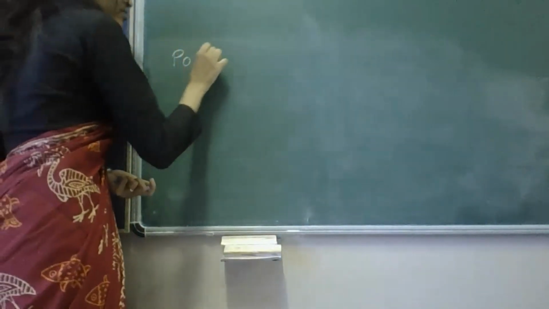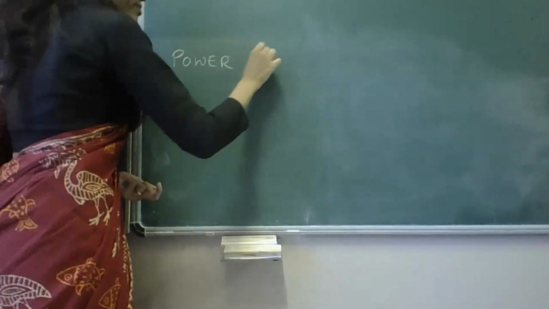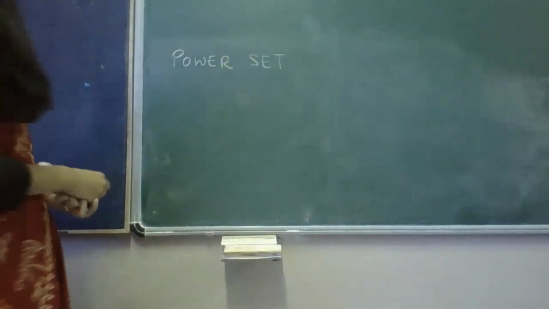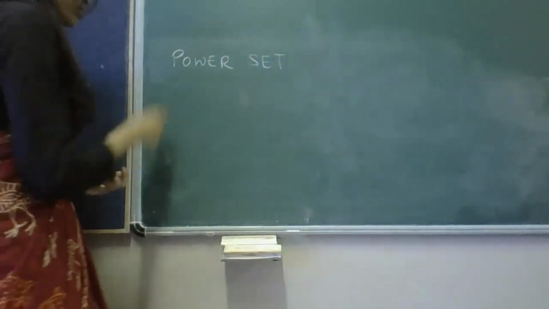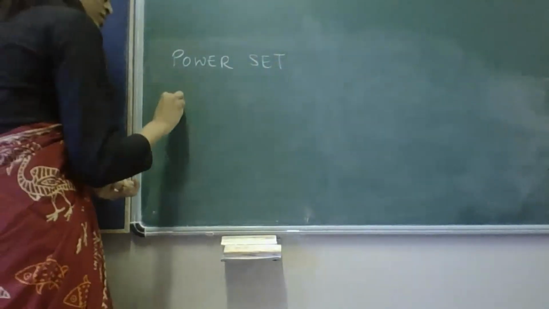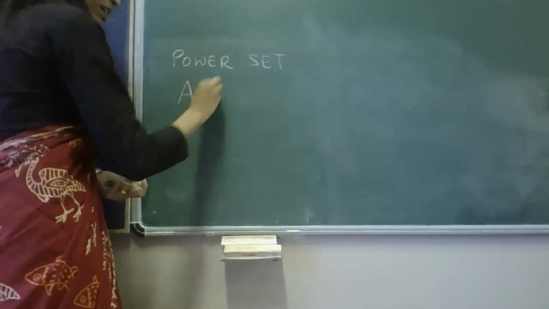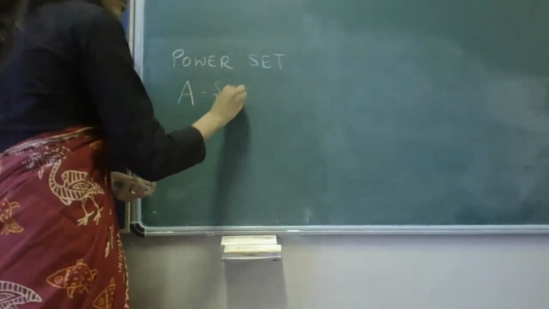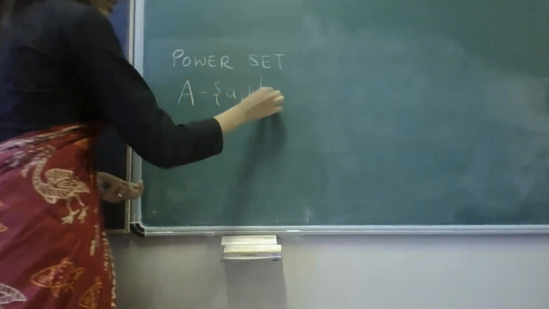In the next concept, we will be dealing with power set. What is a power set? Let's learn it with an example. Suppose I have a set A with elements a, comma b.